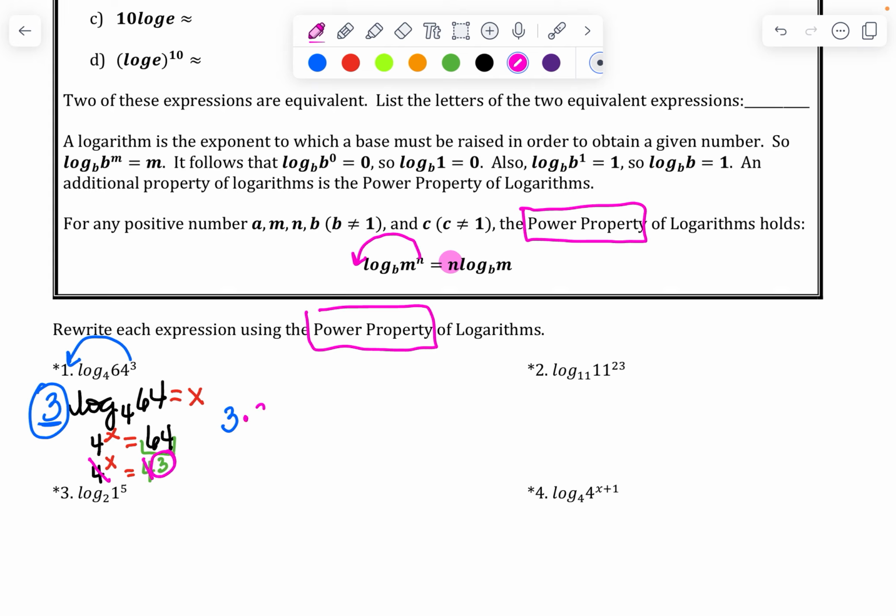Okay, let's jump to number 3. So I'm going to move the 5 in front. So now I have 5, and then I have log 2 to the 1. Now this is just like the one I did on the front.